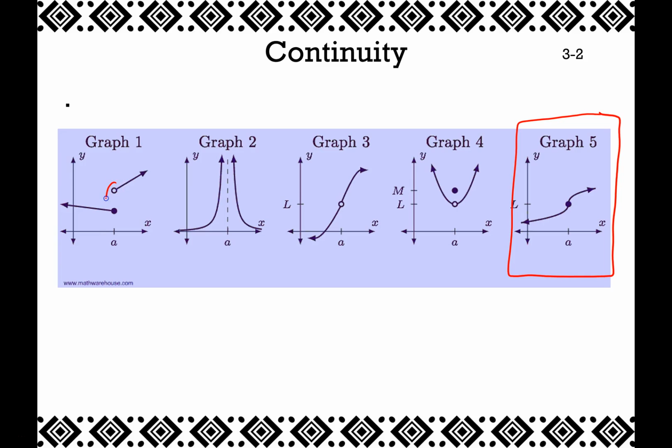You can see here that there's a jump discontinuity. Here at a, it's actually an asymptote and it never touches a. Here we have a hole, so it's not continuous. And here we have a hole with a point above it. We actually call that a removable discontinuity. So these 4 are not continuous.